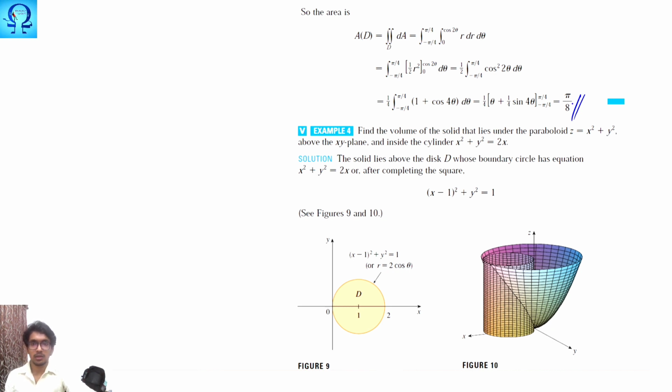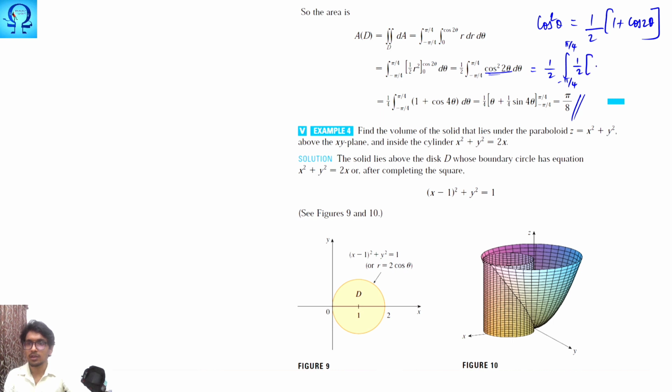Okay, so this is quite a straightforward problem. When you have cos square theta, you may write this to be half times of 1 plus cos 2 theta. So instead of theta we have 2 theta, that is why it is half times of, and the limits split to be minus pi by 4 to pi by 4.